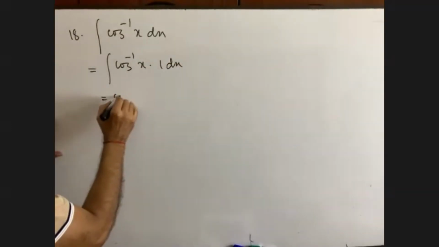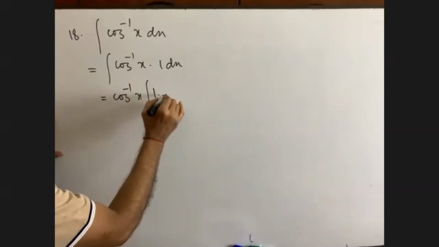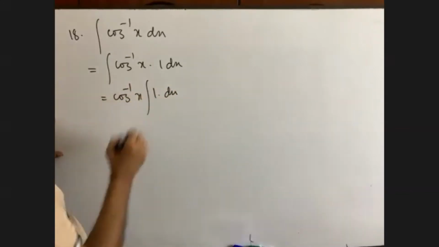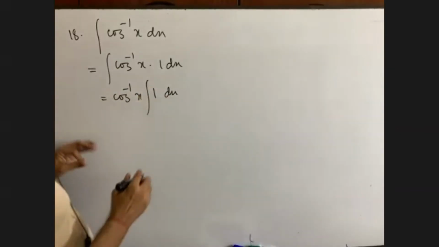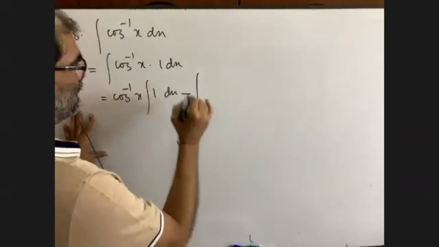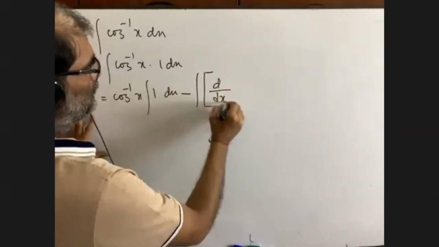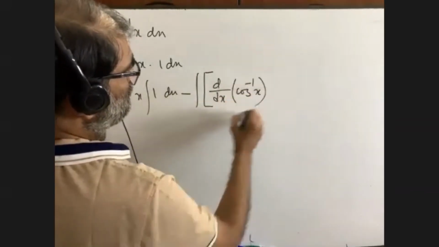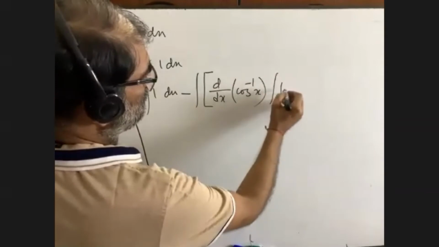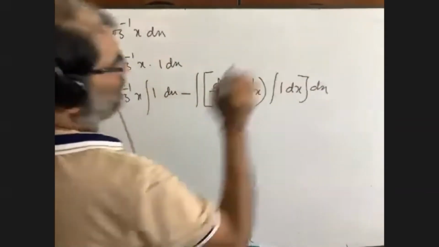So cos inverse x 1 dx, minus integration sign, third bracket, d by dx cos inverse x, integration 1 dx, third bracket done, this is dx. Okay.